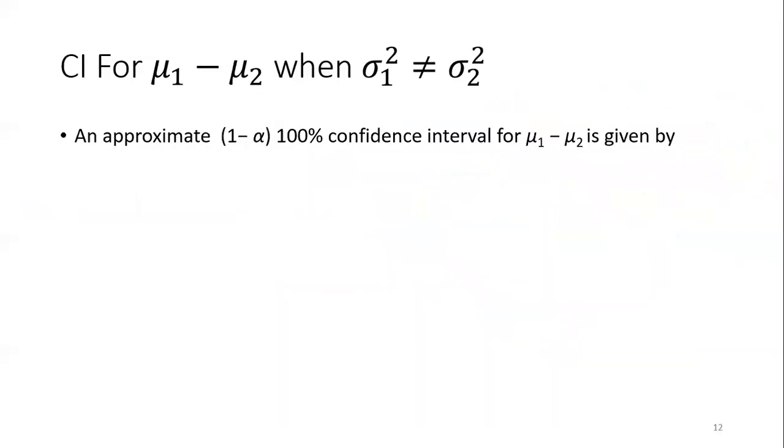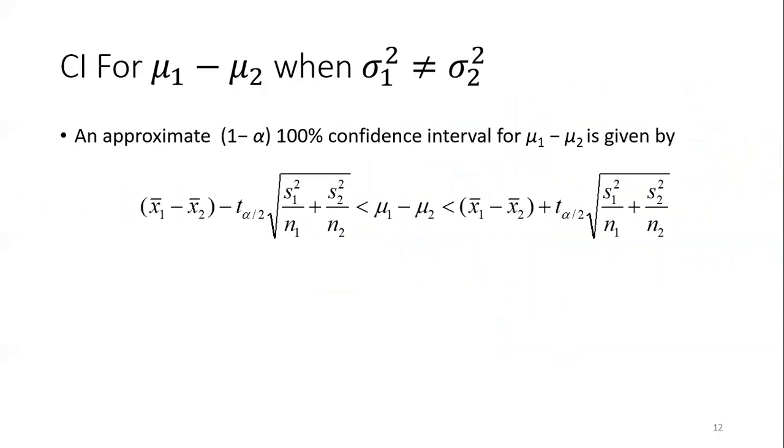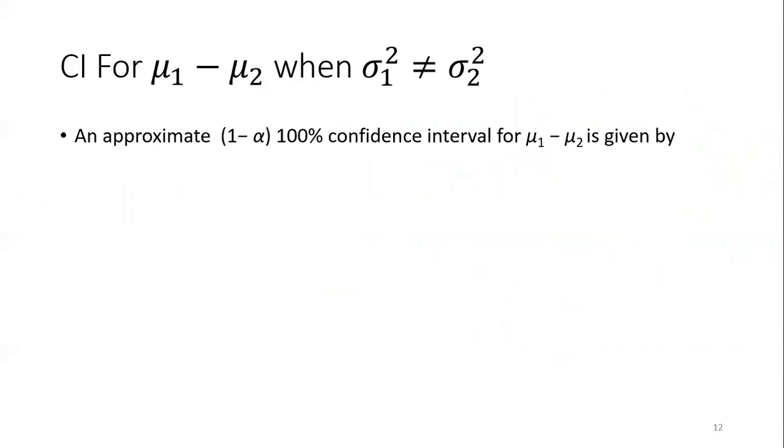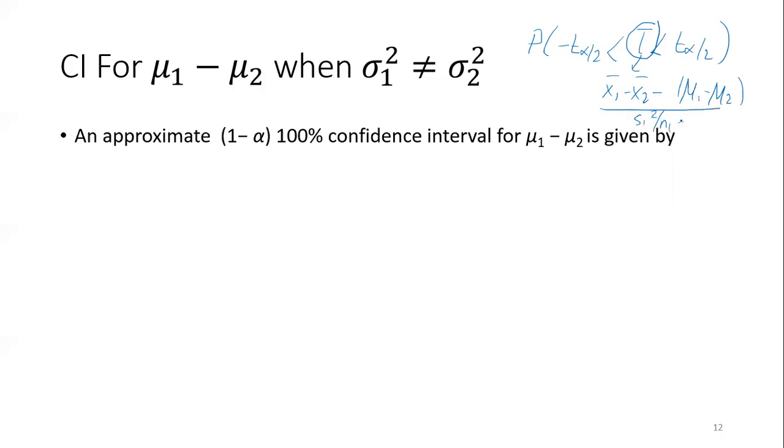How about the confidence interval? Remember, how do we find the confidence interval? I have something like this: the probability that minus t alpha over 2 is smaller than t, which is smaller than t alpha over 2. Instead of t, you just plug in this value, x1 bar minus x2 bar minus mu1 minus mu2, divided by the square root of s1 squared over n1 plus s2 squared over n2.